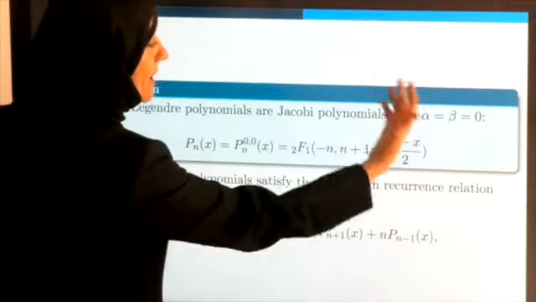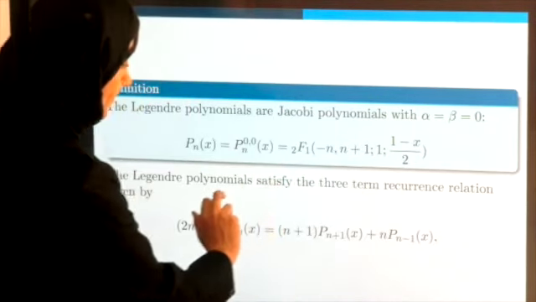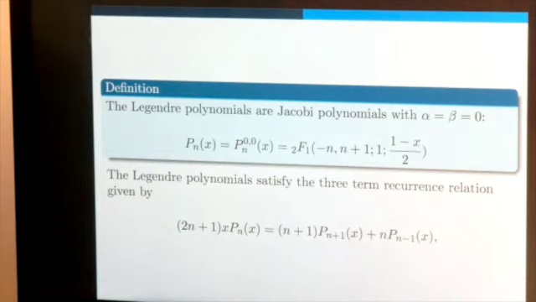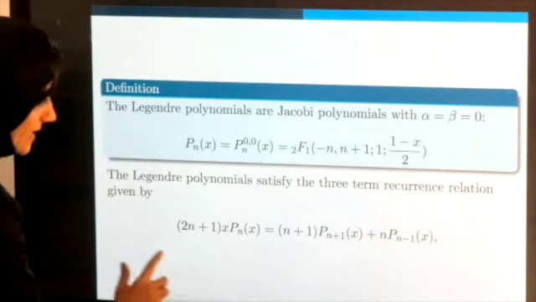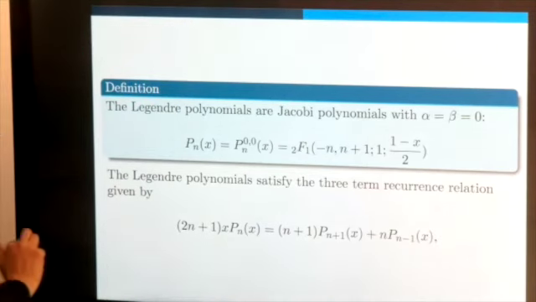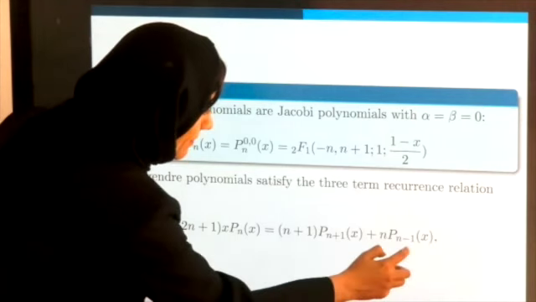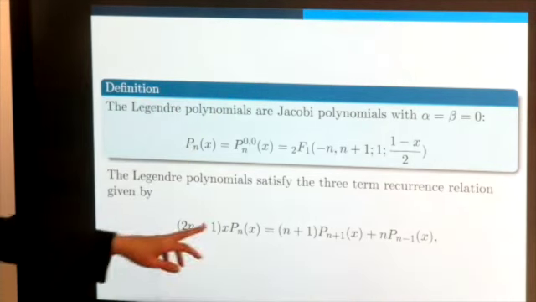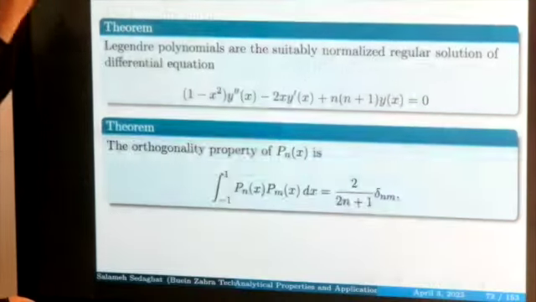And they are a hypergeometric function of order 2 and 1 by these elements. And also they satisfy this three-term recurrence relation. You can see that here we have P(n+1), P(n-1). It's one of the properties of orthogonal polynomials.